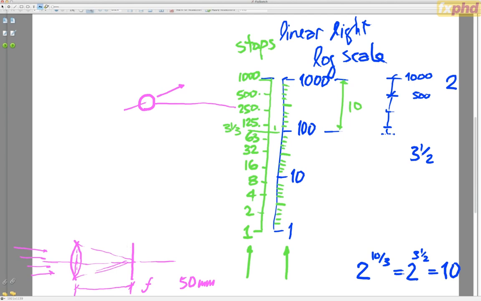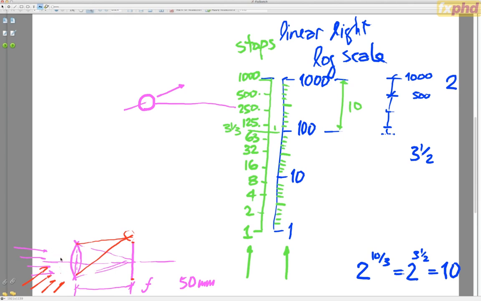If light comes in from a different direction, like this, it will get collected and focused like this. In this particular example, it's focusing outside the dimension of the image area, but that's allowed. That happens.